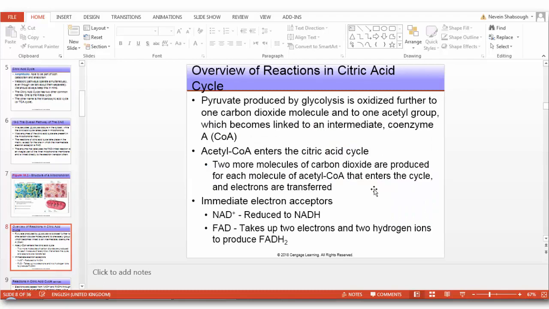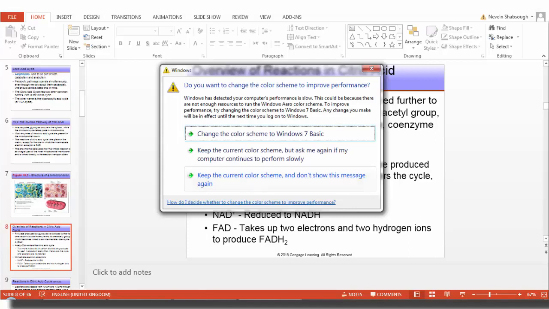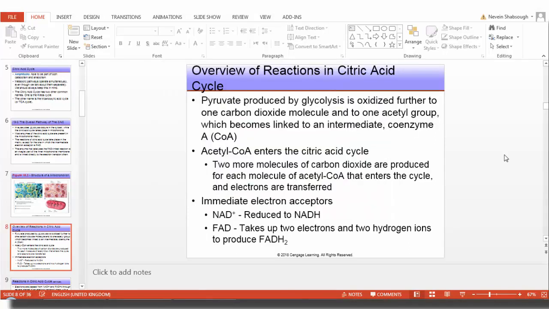Under aerobic conditions, pyruvate produced by glycolysis is oxidized further. Water and carbon dioxide are the products of the oxidation.